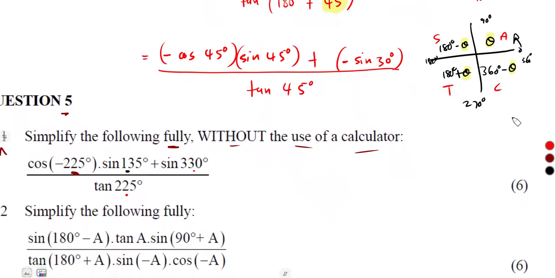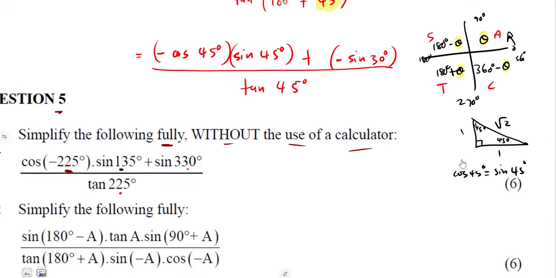Remember from our special angles, guys, as you are told not to use calculator, for 45 degrees. Yes, you can even just use your calculator. No one is going to know, guys. 45, 45. This is 1, 1, square root of 2. Remember that cos 45 and sine 45 degrees are the same.